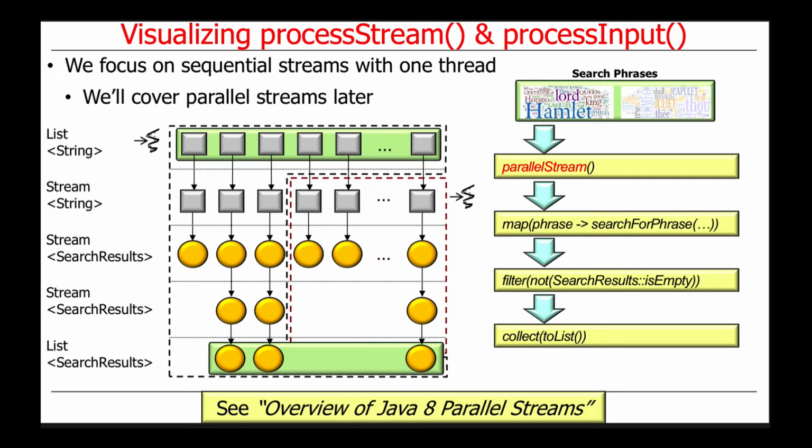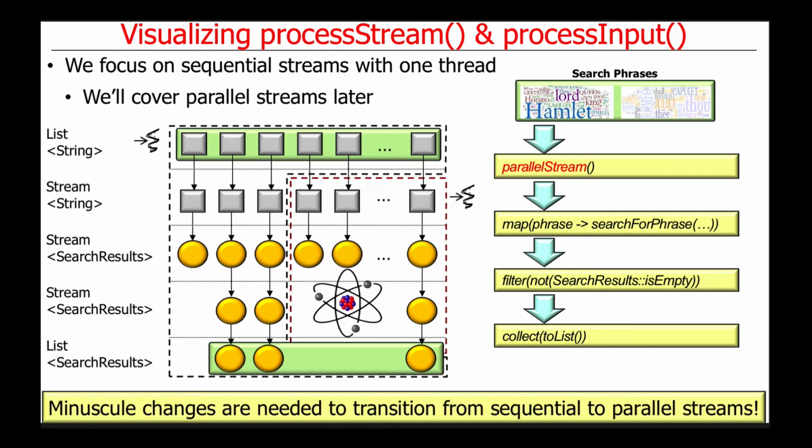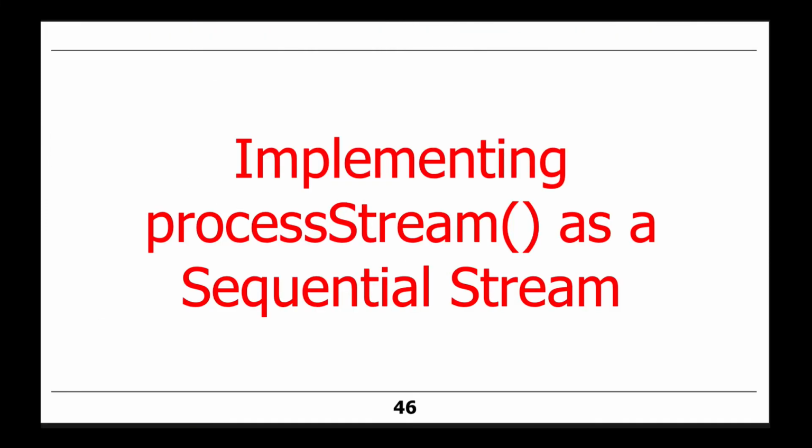That's the magic of the streams framework: because it's all done in a functional way, and you don't know or care how it works under the hood, you can go from one model to another with almost no effort once you get the sequential version working. So it only requires a minuscule change to do this transformation.